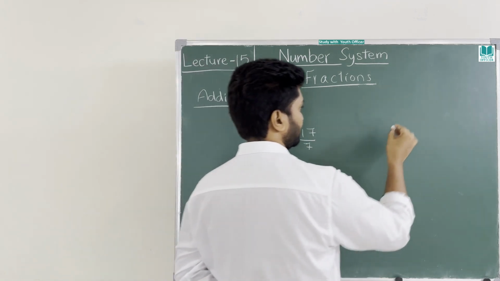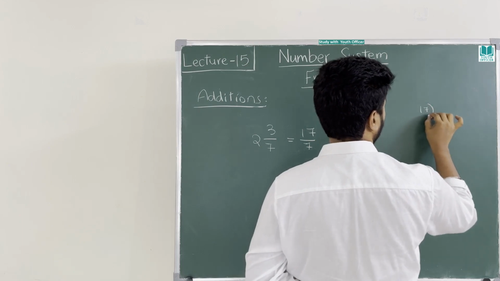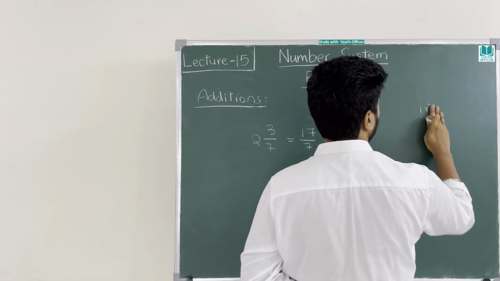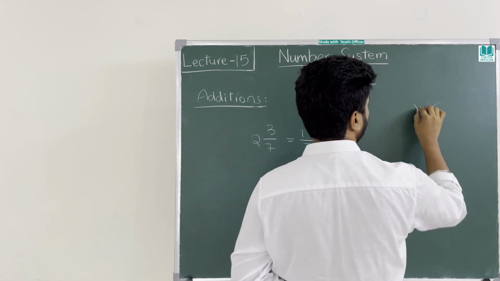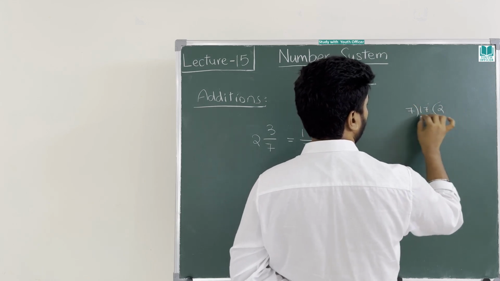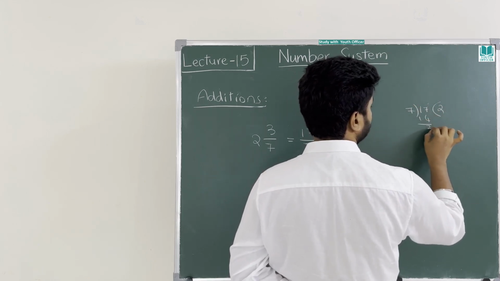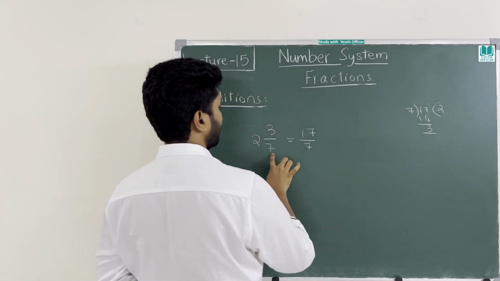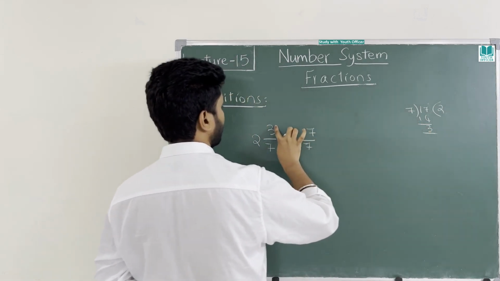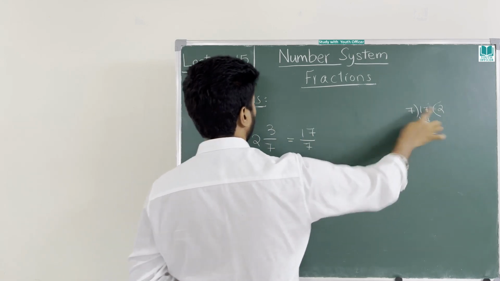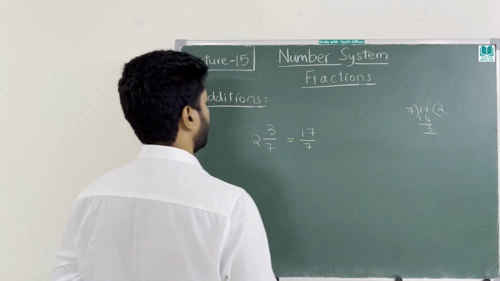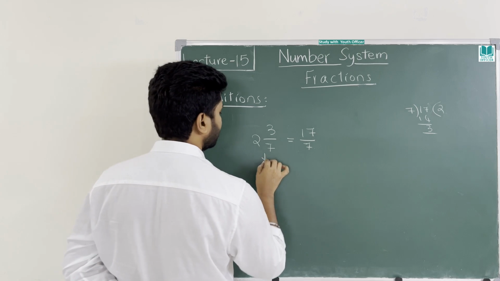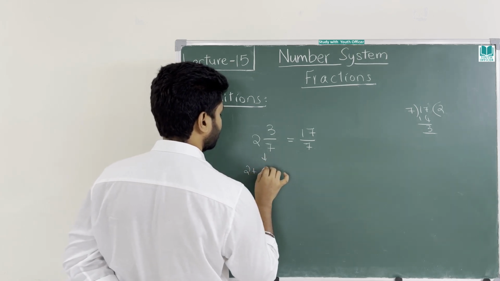How do you convert into a mixed fraction? You take 17, this is the dividend, 7 the divisor, 2 times 14, 3 is the remainder. So this is the divisor, you get it here, the 3 remainder you put it here, 3 by 7, 2 is here.